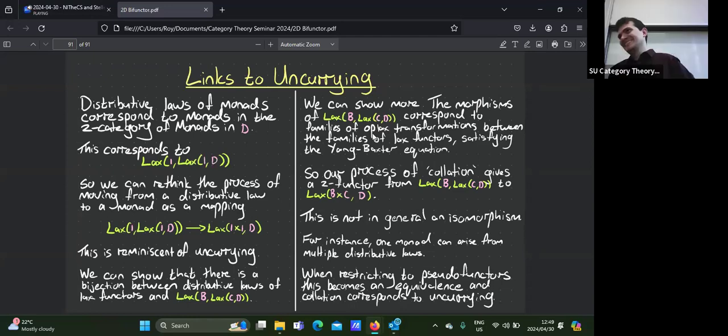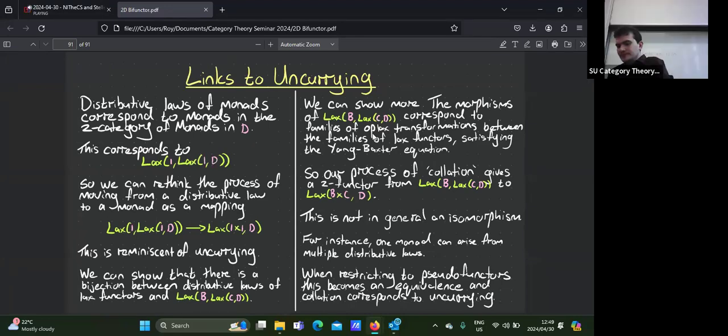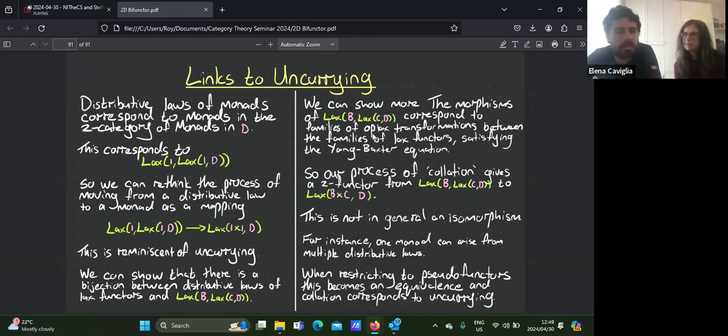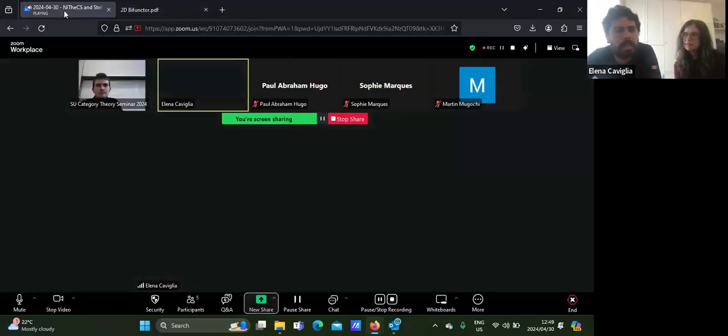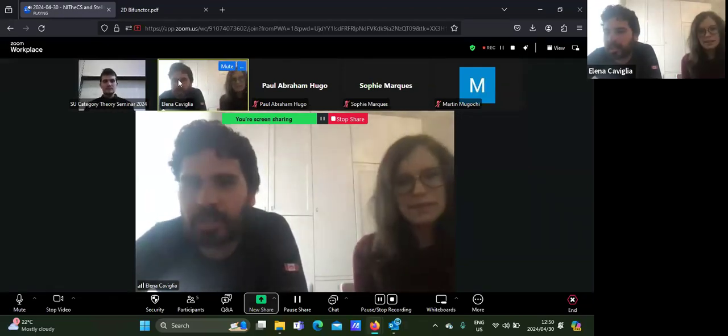If you consider monads as lax functors from the terminal category, I think they are connected. When you consider the Grothendieck construction, you should get the category of algebras of that monad.